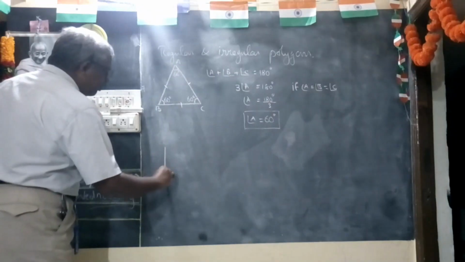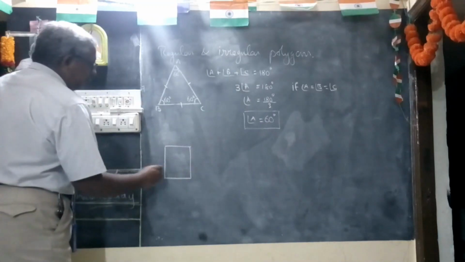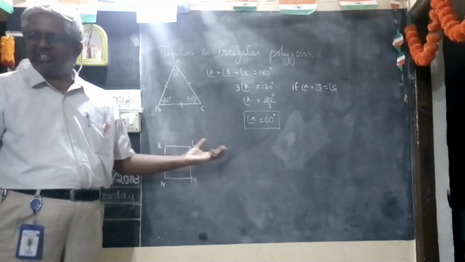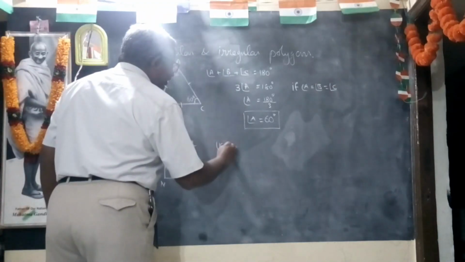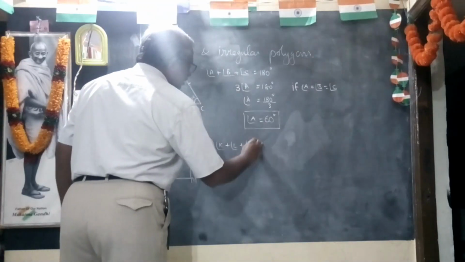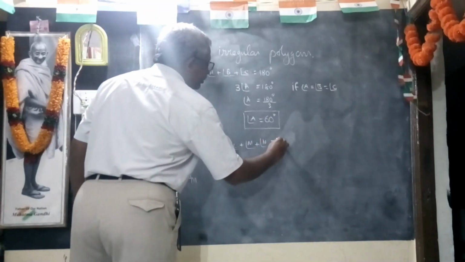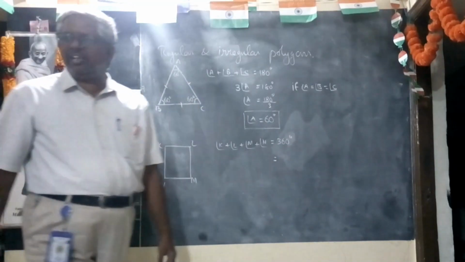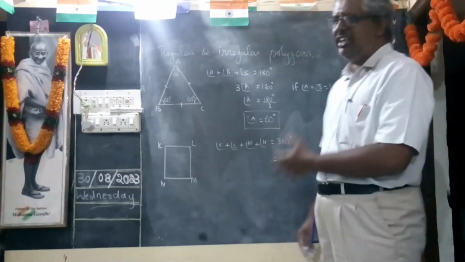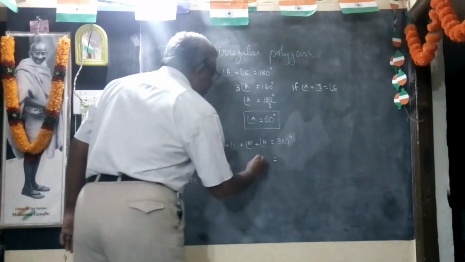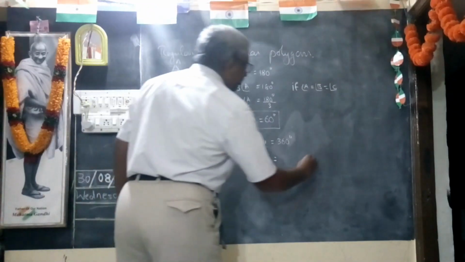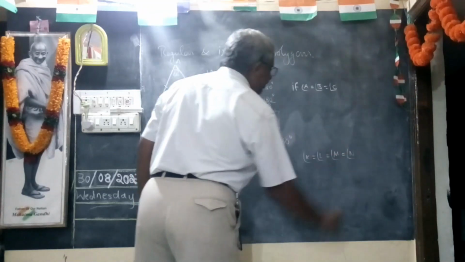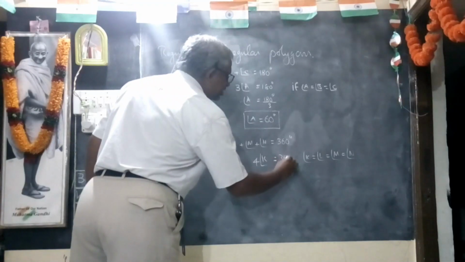And so I have 1, 2, 3, 4. Let me call this K, L, M, N. What should be the sum of all these angles? I have angle K plus angle L plus angle M plus angle N. What should be their sum? 360 degrees. If it is 360 degrees, I write 4 times angle K. When I say all these angles K equal to L equal to M equal to N, it is 360 degrees.